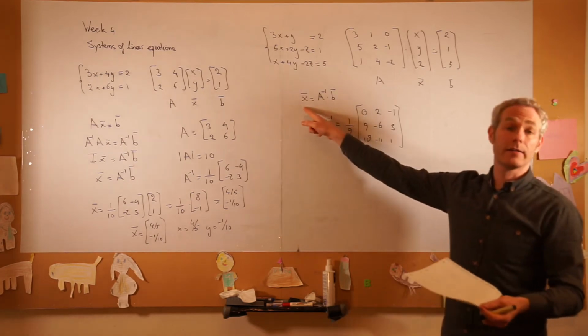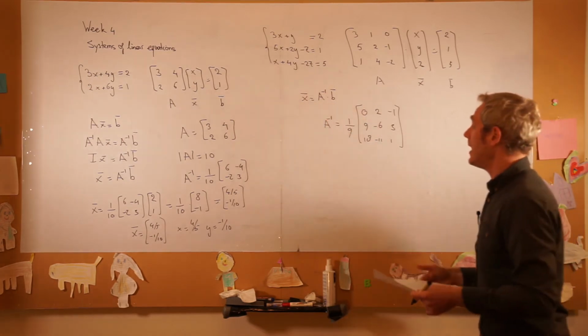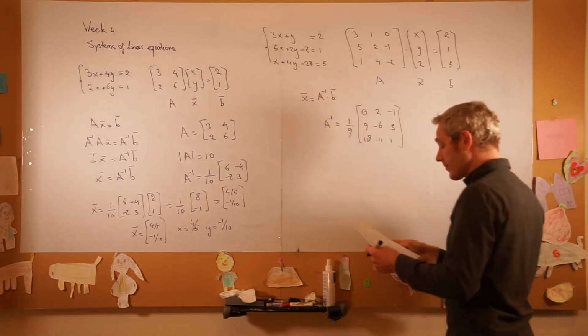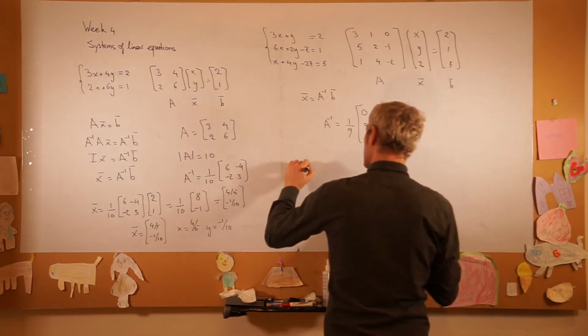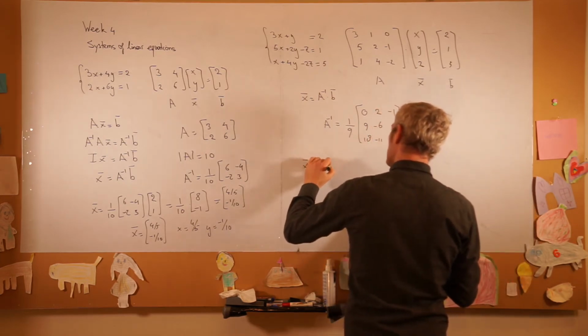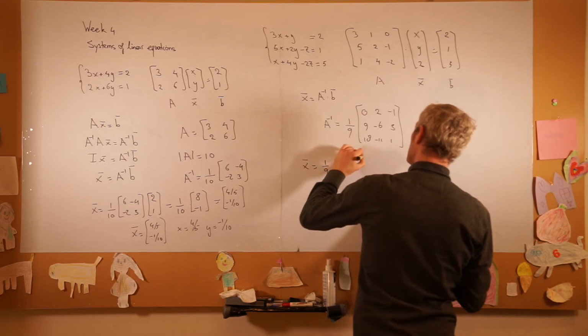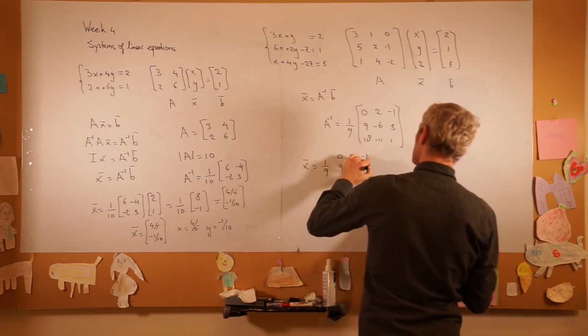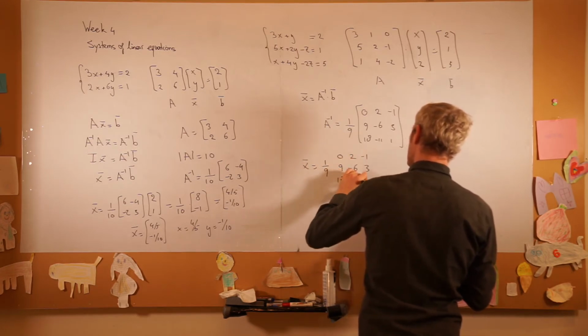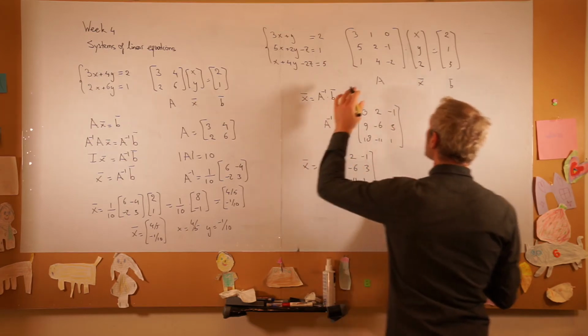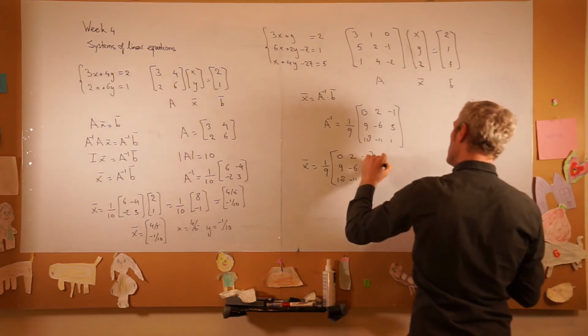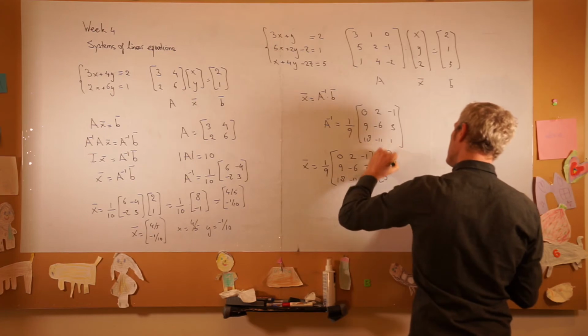So we know that the solution x is equal to A inverse times B. So x is equal to 1 over 9 times [0, 2, -1; 9, -6, 3; 18, -11, 1] times the vector [2; 1; 5].